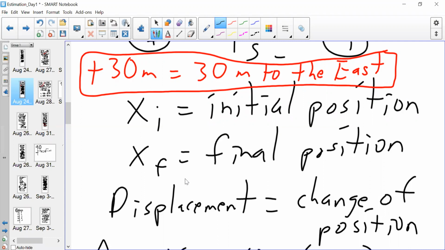But his displacement will be 0. Because as we're about to see, displacement is the change of position, which is the difference between final position and initial position. The initial and final positions are the same. Therefore, 0 minus 0 is 0. But he traveled 200 yards of distance. So in physics, we're only concerned about what happens between the final and initial. We don't care what happens in between. It's immaterial.